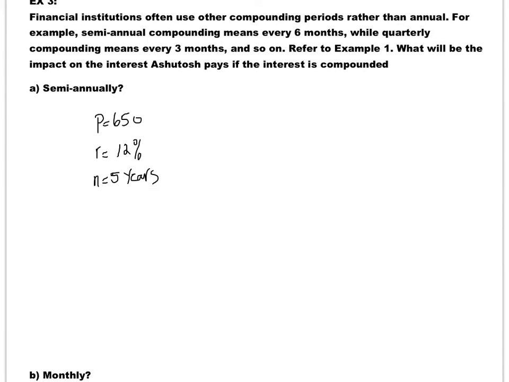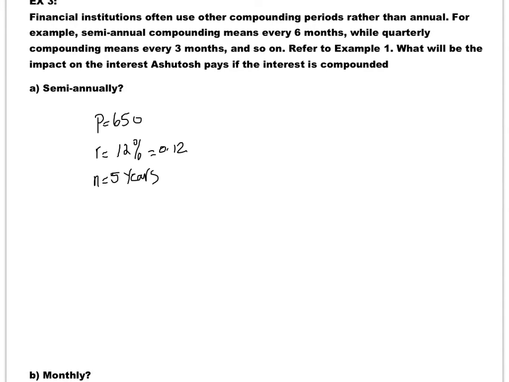So this means that your interest rate is 12%, which is 0.12, per 1 year. So for 6 months, we are going to divide this by 2 to get the interest rate for every semi-annual. And since N is 5 years, we have to multiply this by 2 to get the number of semi-annuals.